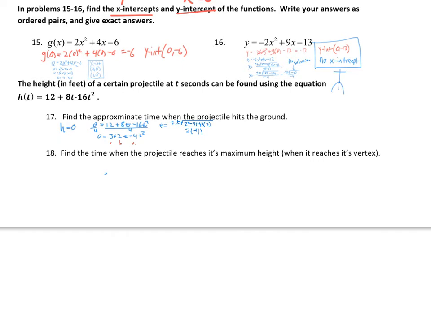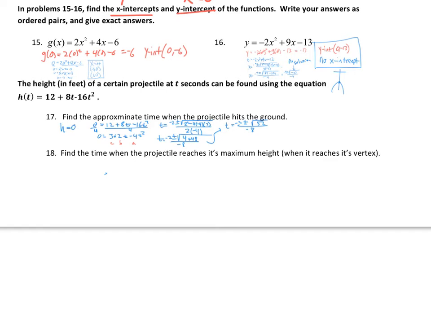And so we have negative 2 plus or minus the square root of, we got 4, and this is going to be plus, because negative times negative is positive, 3 times 16. 3 times 16 is 48. All right, so this is going to be plus 48 all over negative 8. And that's going to be t equals negative 2 plus or minus square root of 24. Nope, 20. I can't add here. It is 52. I know there's a 2 in there somewhere. All over negative 8. All right?